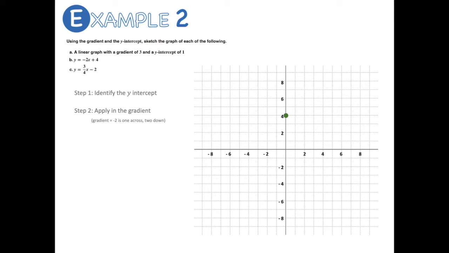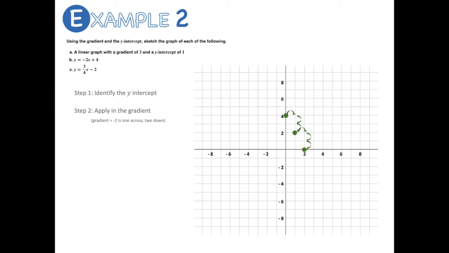So a gradient of negative 2 means that every time I go across by 1, I'm going to go down by 2. So starting off with 4, I go across 1 and then down 2, and I can put another point. Doing the same process again, go across 1 and then down 2, then I can put another point.